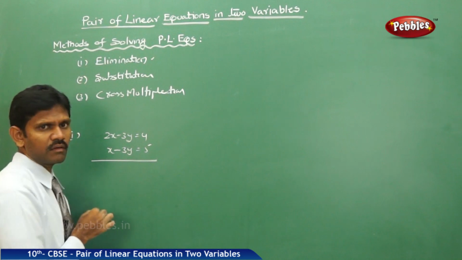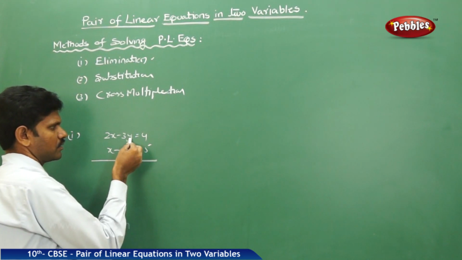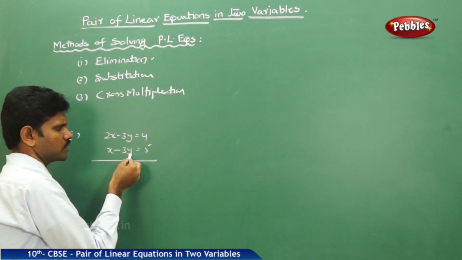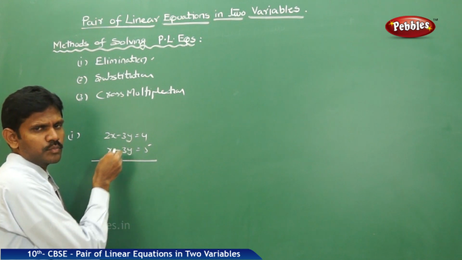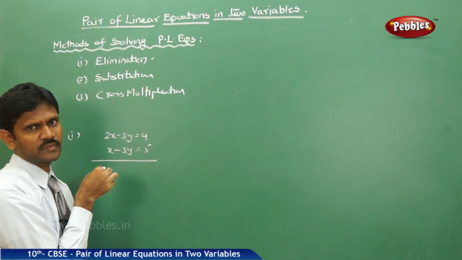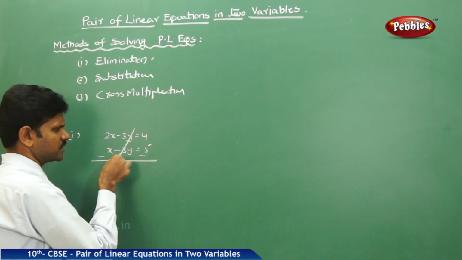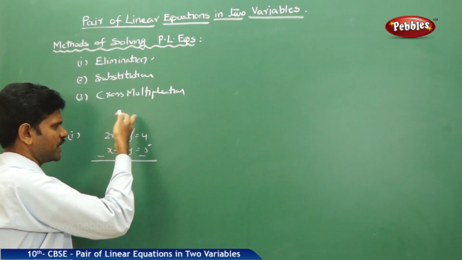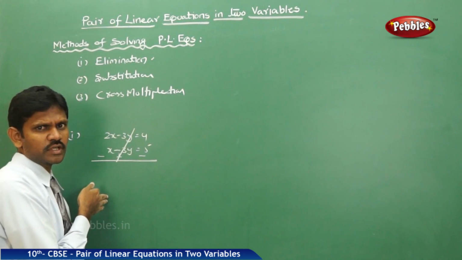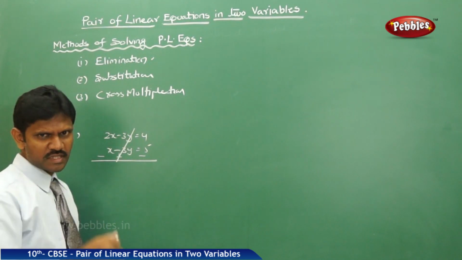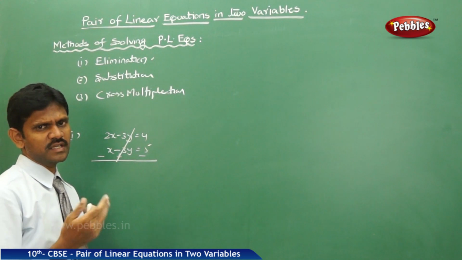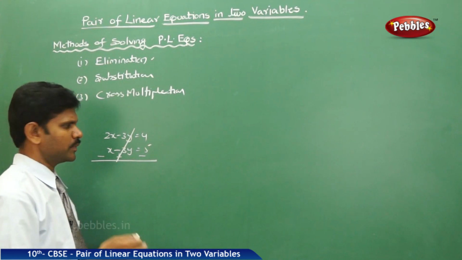Here the coefficient of y in both the equations is the same. Then if I change the signs, I can eliminate these two. If I eliminate, the given question is reduced from two variables to a single variable. Then it is very easy to find the other variable for us.